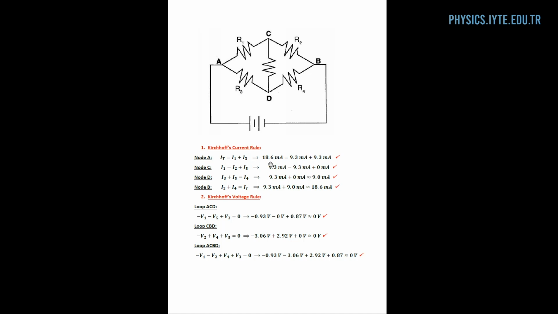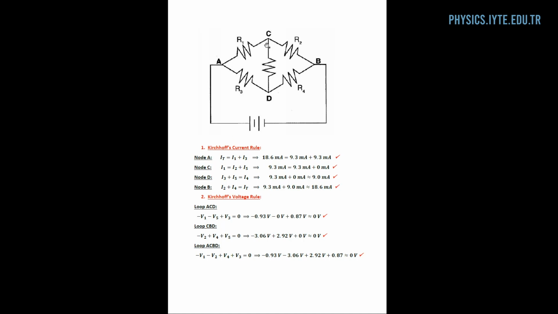And when we replace the data we have taken during the experiment, we see that 18.6 milliamps was the total current flowing in the circuit. I1 was measured to be 9.3 milliamps and I3 was measured to be 9.3 milliamps again. And we see that their sum equals the total current IT.